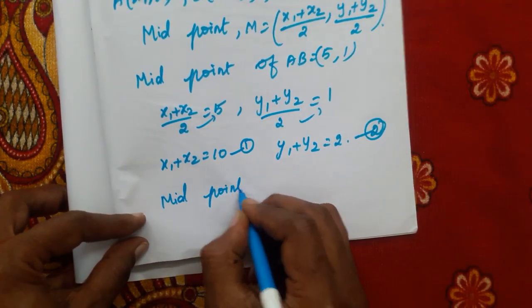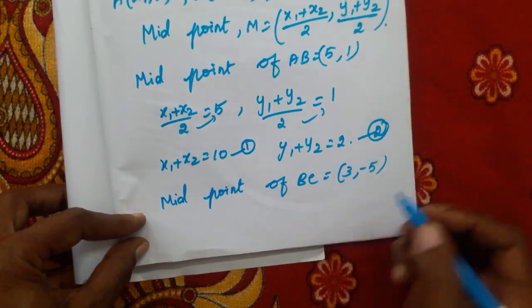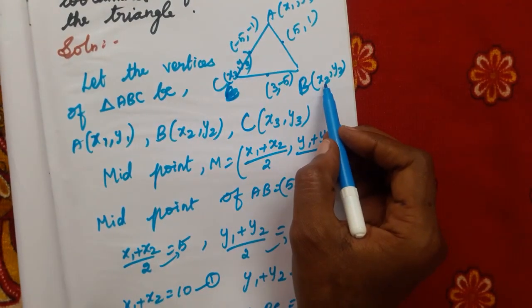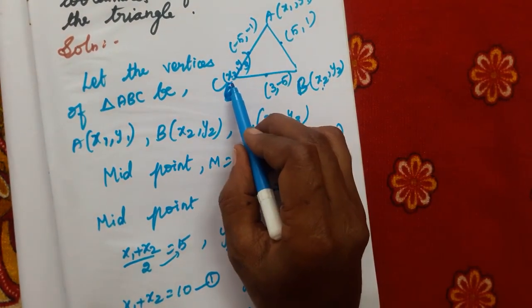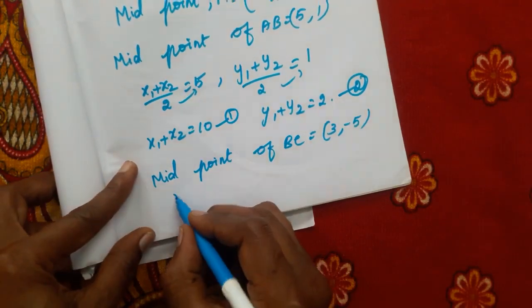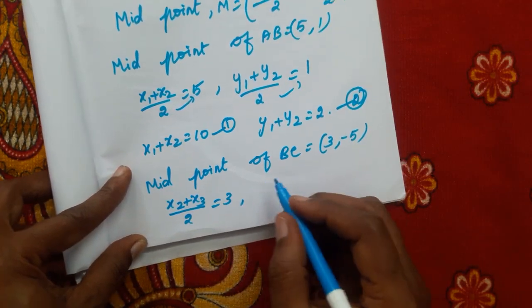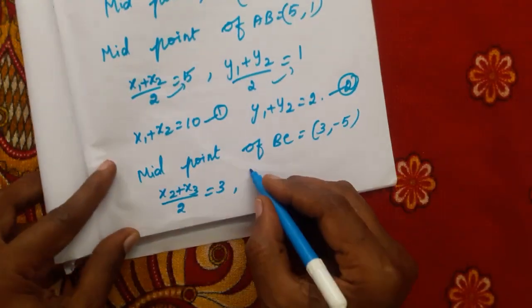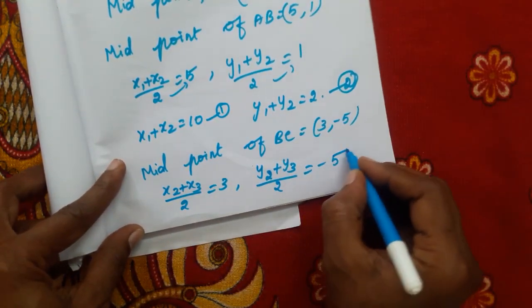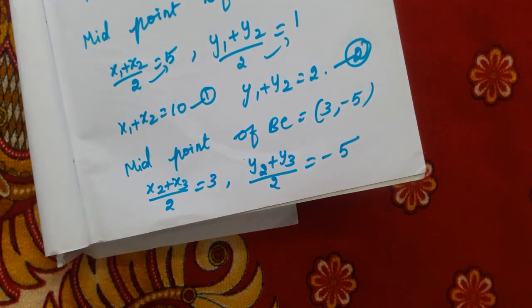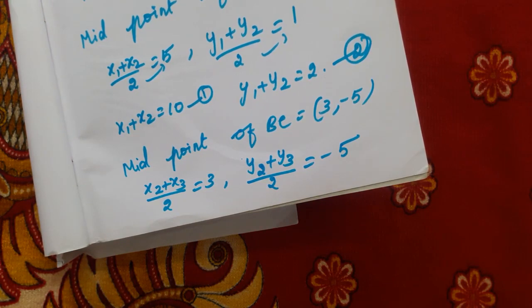Next, midpoint of BC is equal to (3, -5). So midpoint of BC means (x2 + x3)/2 is equal to 3, and (y2 + y3)/2 is equal to -5.